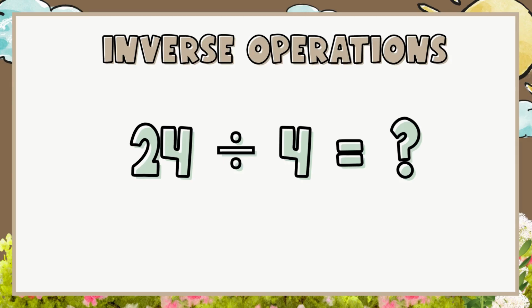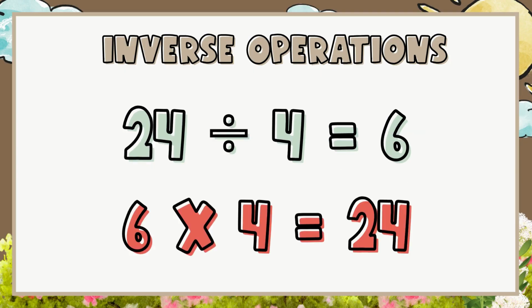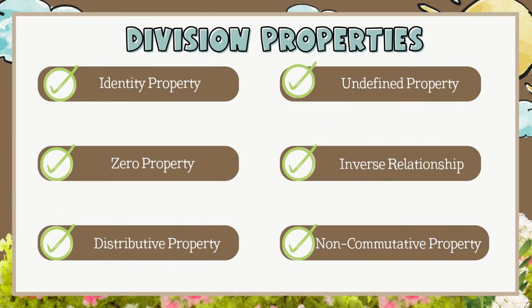Do you know what 24 divided by 4 is? 24 divided by 4 equals 6. And you could have figured that out if you used the inverse operation. And that's the inverse relationship.